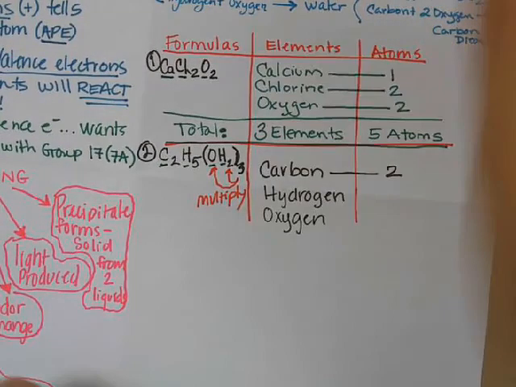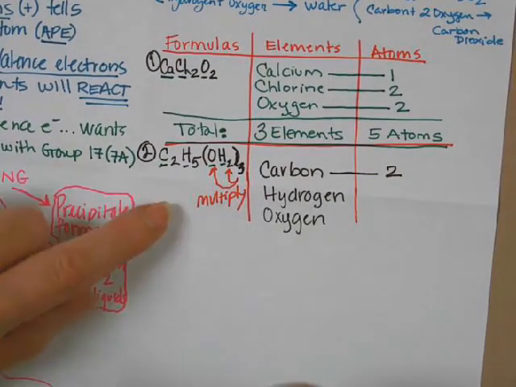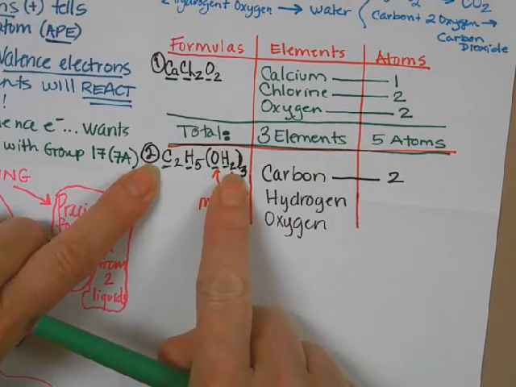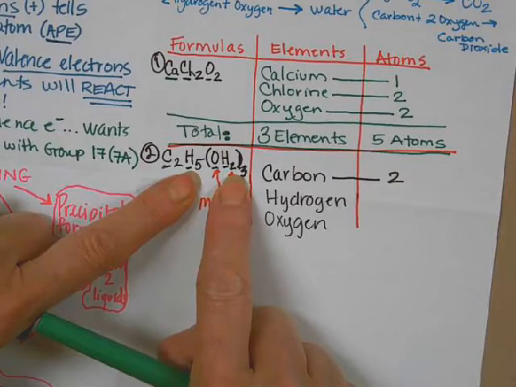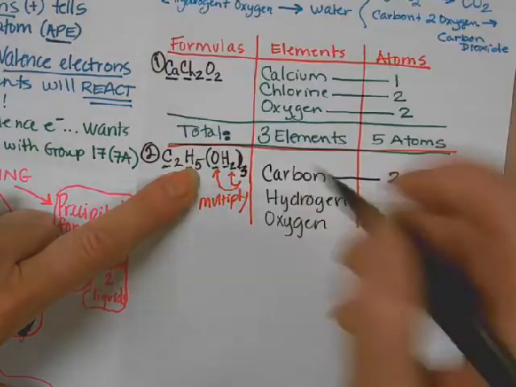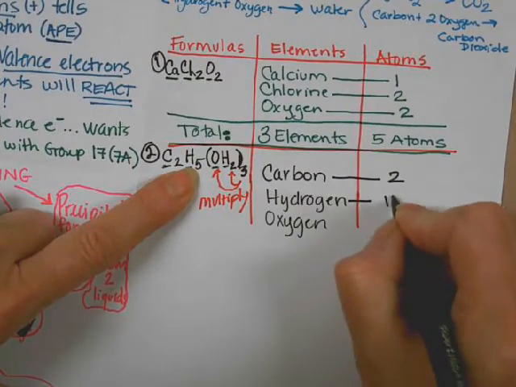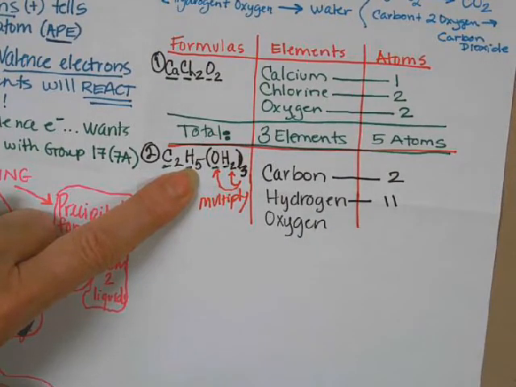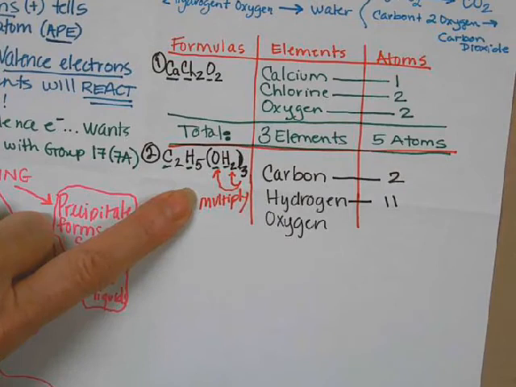So let's start with hydrogen. 2 times 3, that gives me 6, plus the 5 over here. So 6 plus 5 means I have 11 total atoms of hydrogen in this compound.